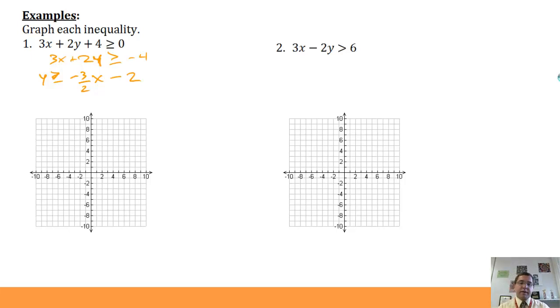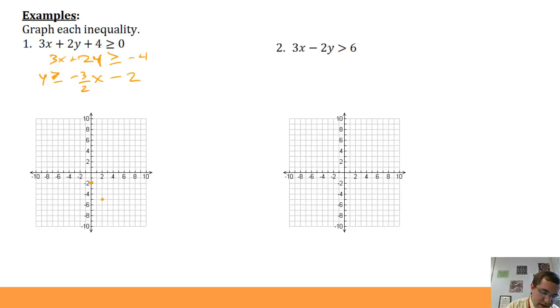So what I'm going to do first is graph the associated equation. I'm going to graph it as if it were y equals negative 3 halves x minus 2. Do I want a dotted line or a solid line? A solid line. Very good, because it's greater than or equal to, not just greater than. So I will accept points on the line. To graph this, I start with the y-intercept of negative 2 and put a point there. I'm going to use my slope to find another point, so I'll go down 3 and over 2 to the right.